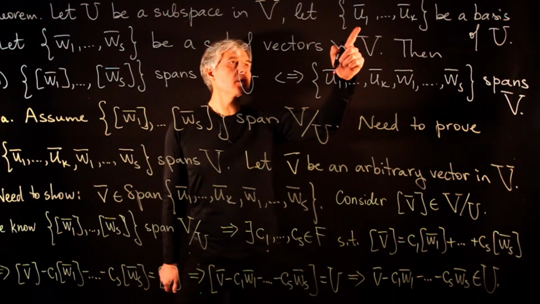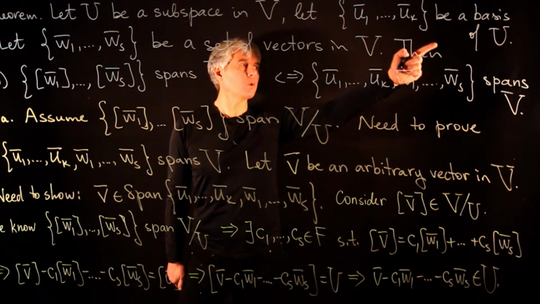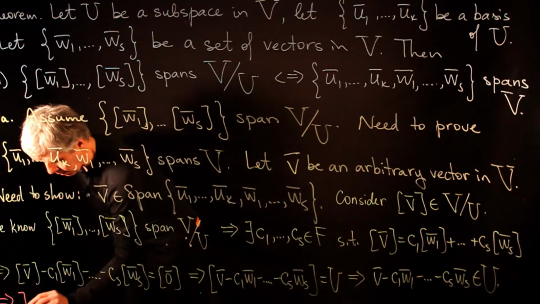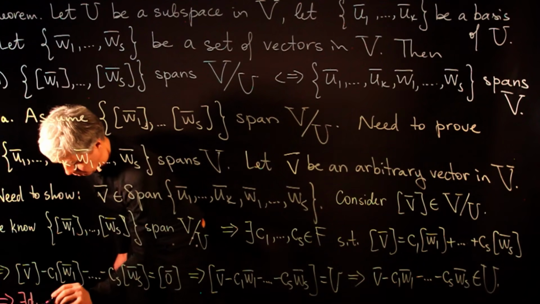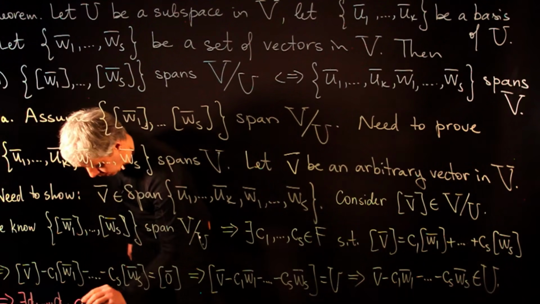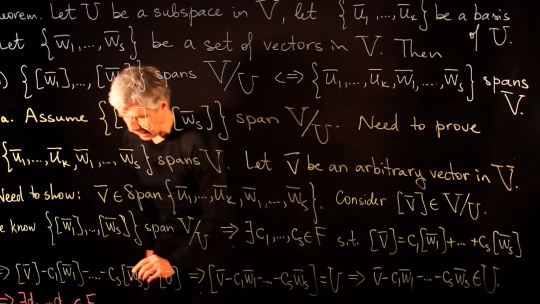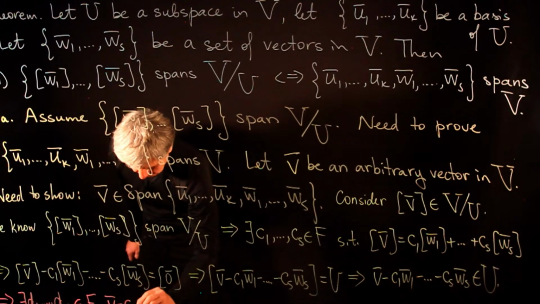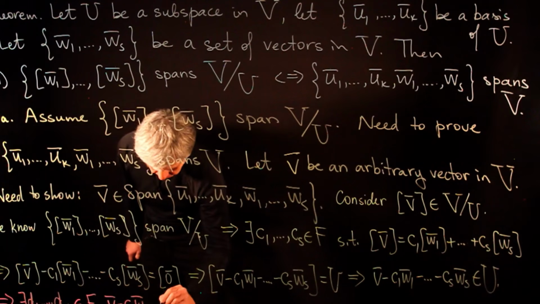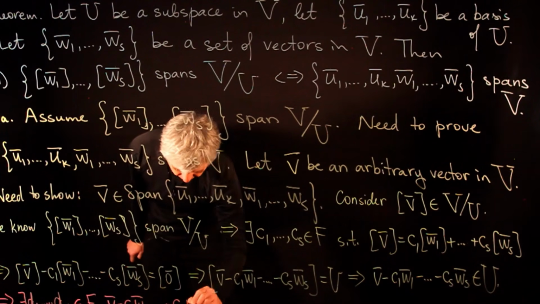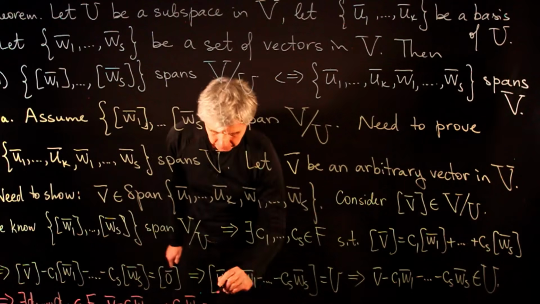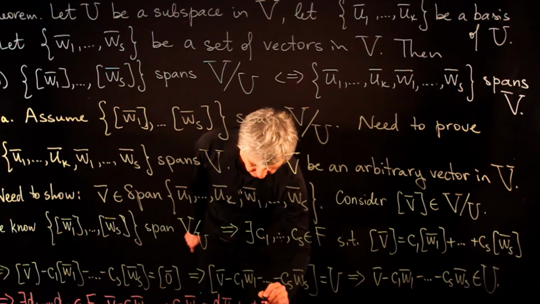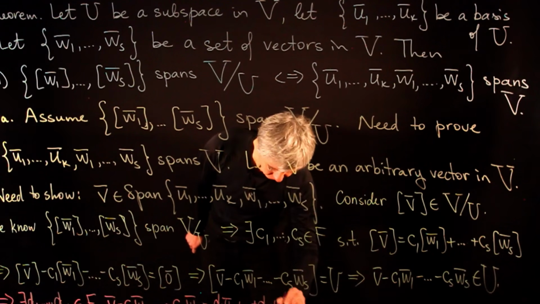But then we know that vectors U1 through UK form a basis of U. So there exist scalars D1 through DK in F, such that V minus C1 W1 minus CS WS is equal to D1 U1 plus and so on plus DK UK.